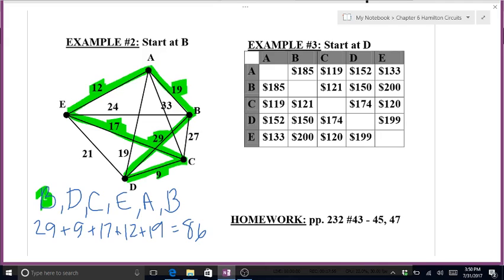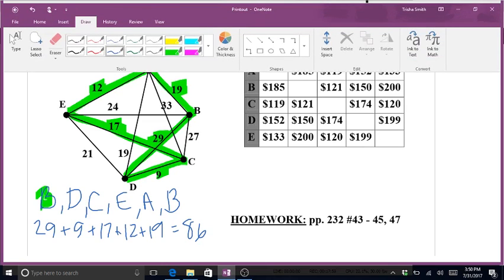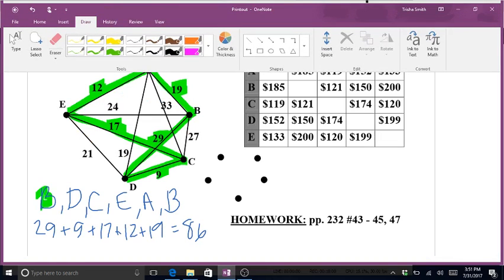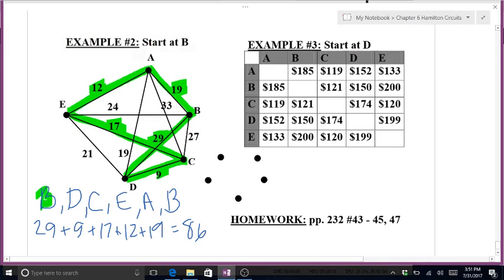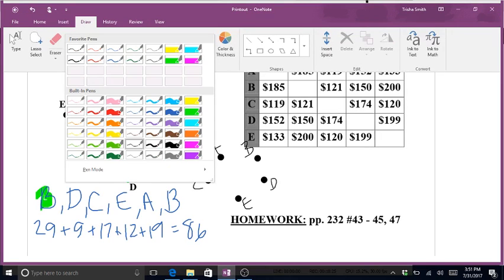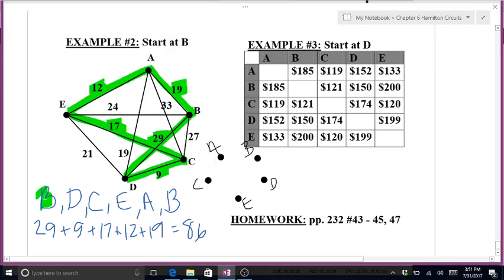Okay, last one. Again, if you need that visualization, go ahead and give yourself some points here so you can actually visualize what's happening as you connect. So that's A, B, C, D, and E. Let's do yellow.